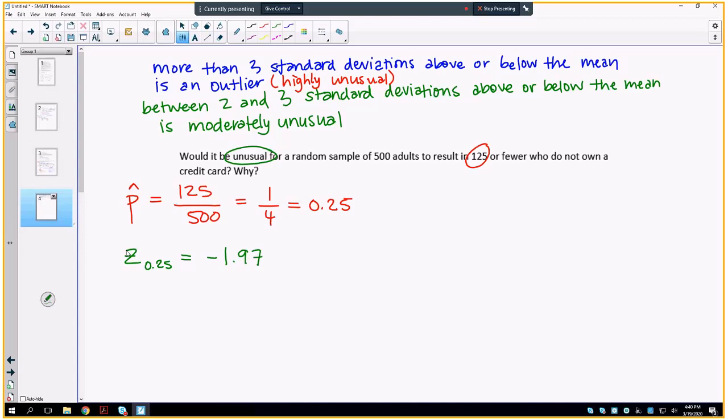So if I have a z-score of negative 1.97, then I'm almost 2 standard deviations, but less than 2 from the mean.